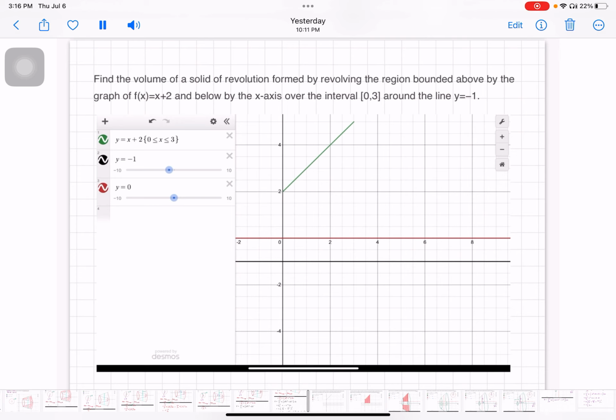Okay, we can get to another example. This time we have one function, f of x equal to x plus 2, but we also have y equal to negative 1 and y equal to 0. So the region is bounded between the function x plus 2 and the x-axis on the interval from 0 to 3.